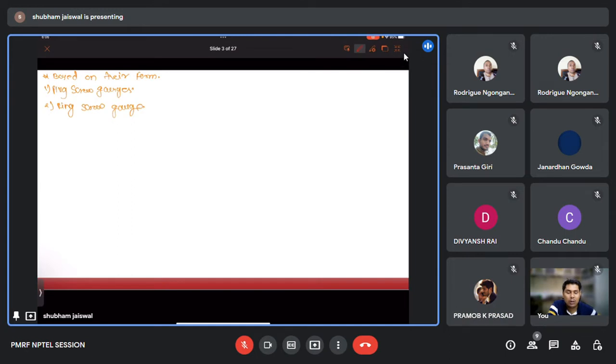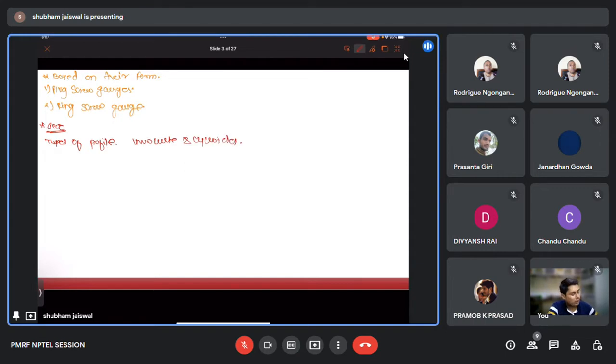After this we went to the gear. In gear we have seen the types of profile, that is involute and cycloidal.